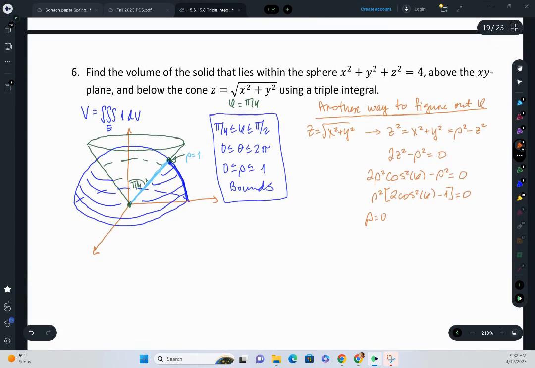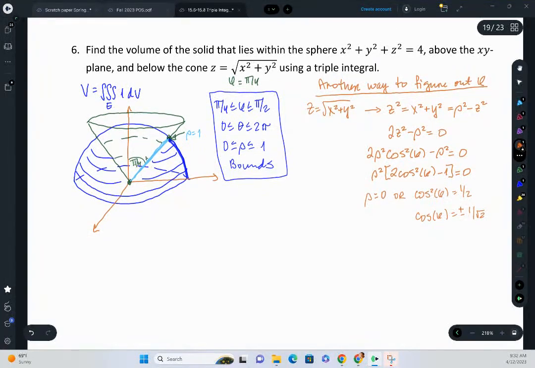So this is an equation that I would solve. I get rho equals 0, which doesn't actually give me any information that I need. Or we get cosine squared of phi is equal to 1/2, which means cosine of phi would be equal to plus or minus 1 over the square root of 2. And cosine is equal to 1 over the square root of 2 whenever phi is equal to, well, pi fourths or 3 pi fourths.